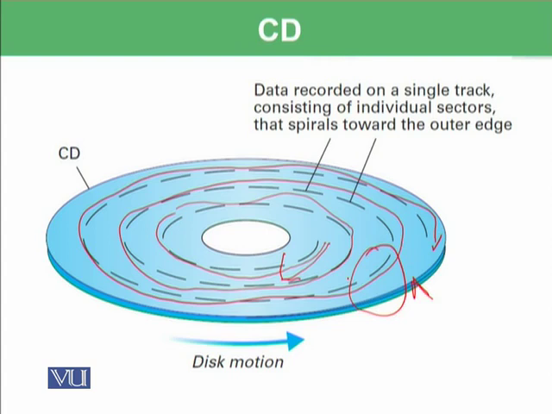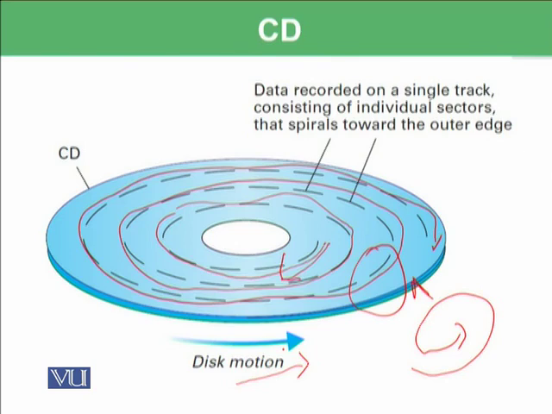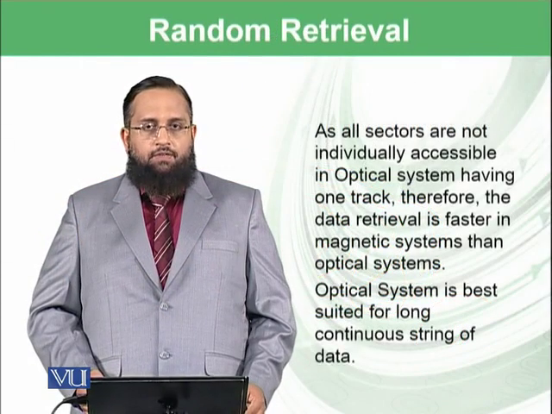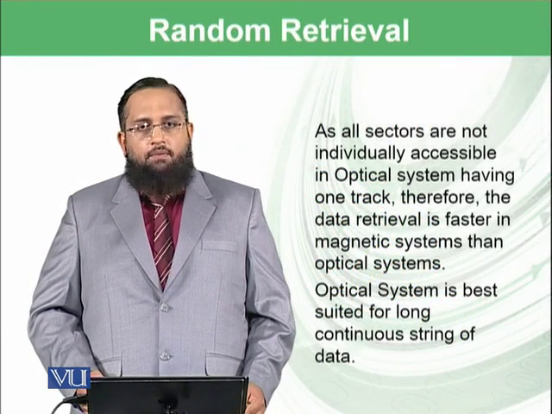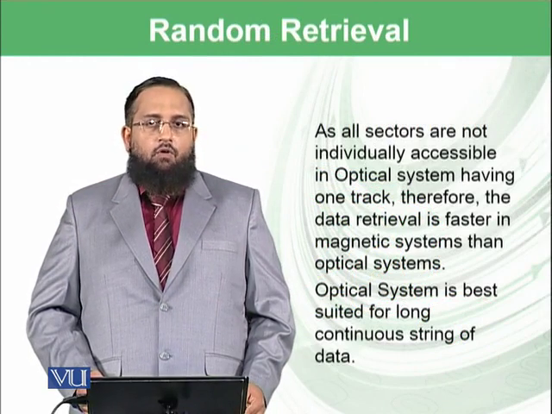Here the whole CD will spin, in this direction. You might have seen that when you change the track of the audio music, it spins a lot because it wants to reach the position from where the data can be read. So random retrieval is not possible on a CD, and this is one of the shortcomings of storing data on CDs.